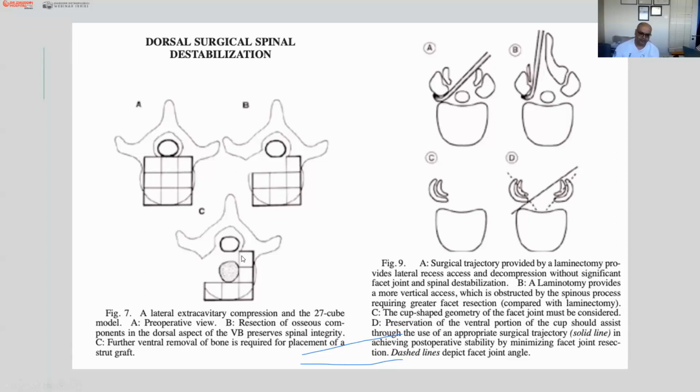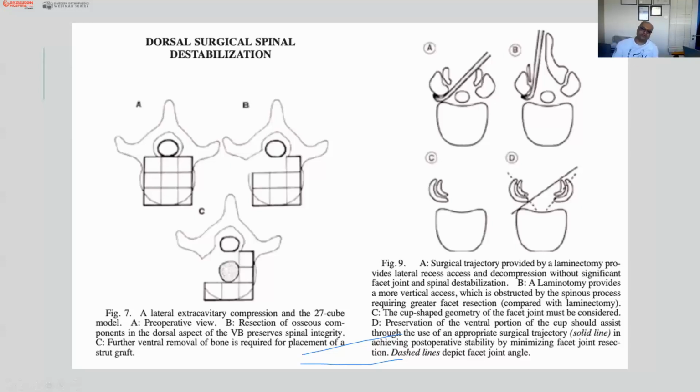However, if you remove the bone in the posterior and middle column of the anterior part of the vertebral body, then you render it more stable for a longer time, and hence this same concept is used in tumor treatment when we talk about separation surgery. So in separation surgery, we leave the shell intact and we remove the core of the tumor which is pressing onto the spinal cord, and hence an anterior column reconstruction may not be necessary.